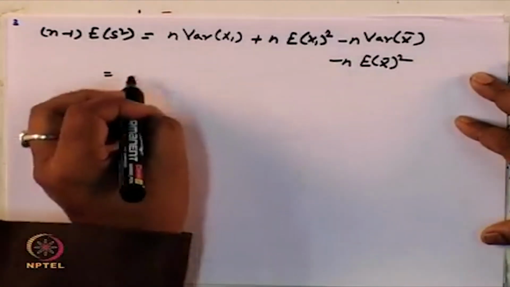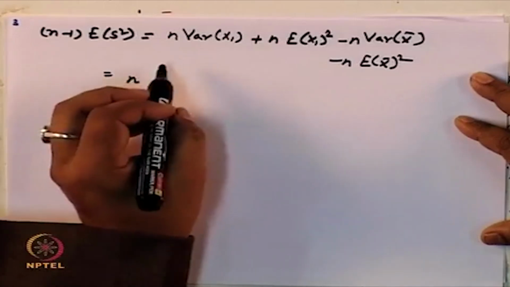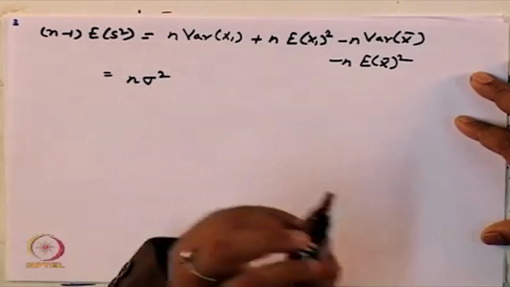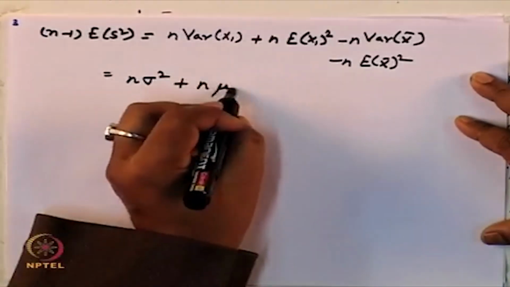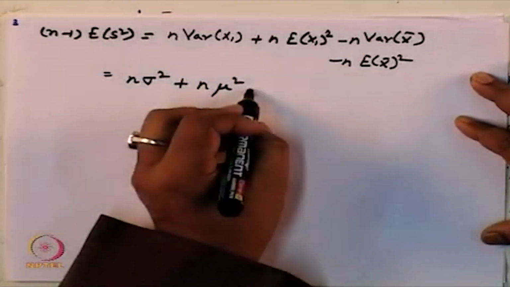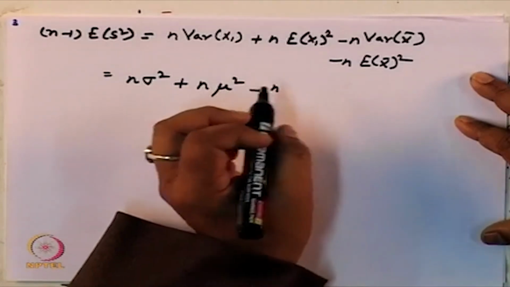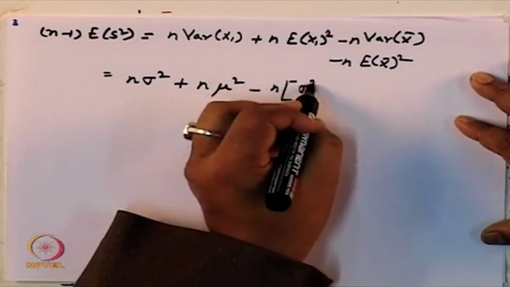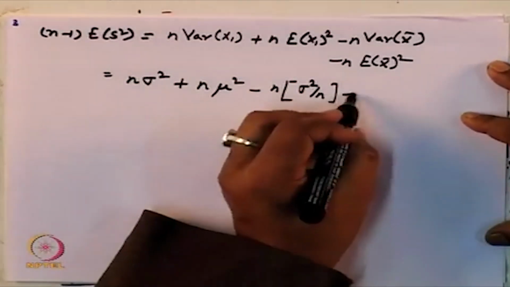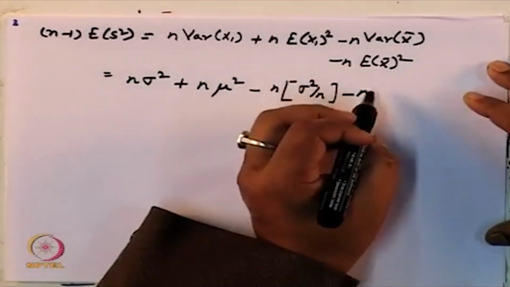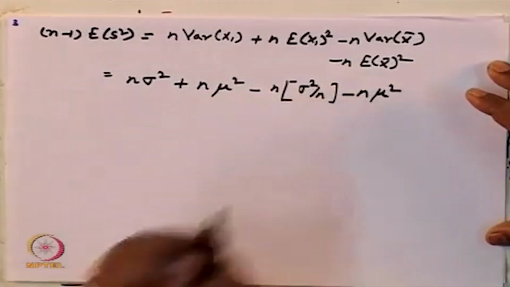I can simplify this: variance of X1 is sigma square, so n sigma square; E of X1 is mu, so n mu square; X bar has variance sigma square by n, which we derived; and E of X bar is simply mu, so minus n mu square.